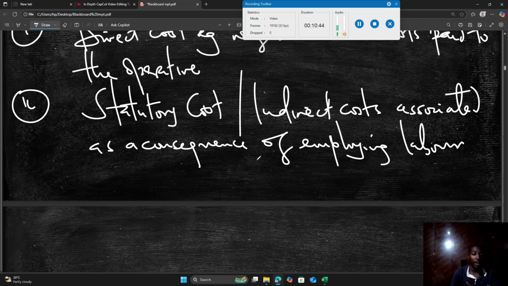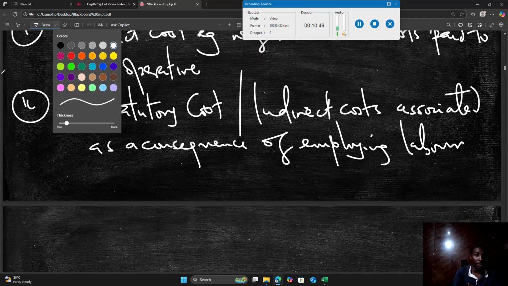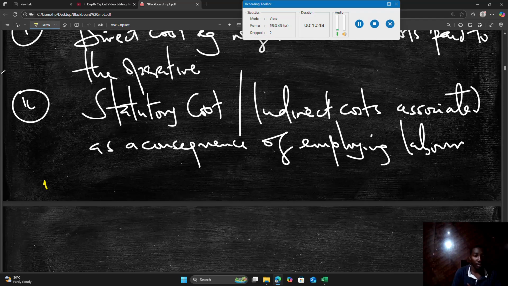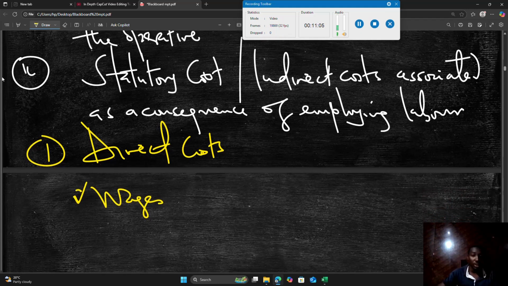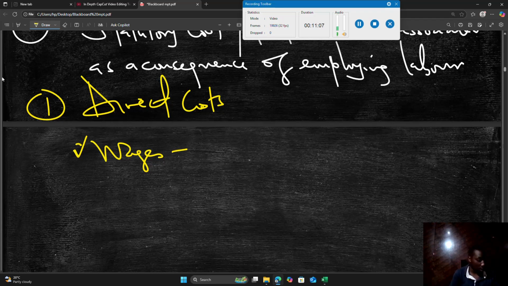When we look at direct costs of labor, say, for example, wages, we look at what is paid weekly.